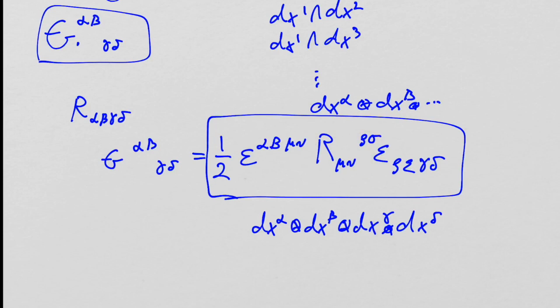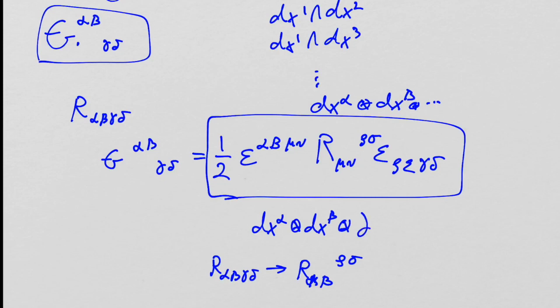So we actually take R alpha, beta, gamma, delta, and we move it to R, well, I guess it would be alpha, beta, rho, sigma. We raise two of the indices. So when we do that, we immediately drop these two guys, and in the coordinates basis, this would now be partial, well, let's see.